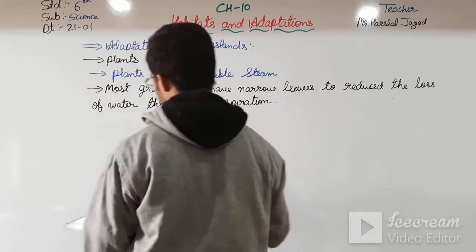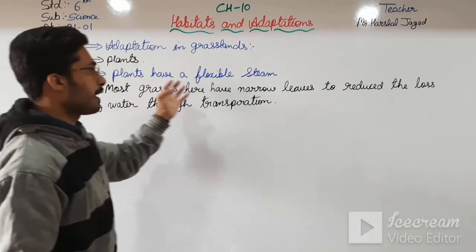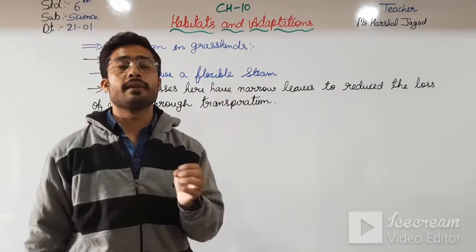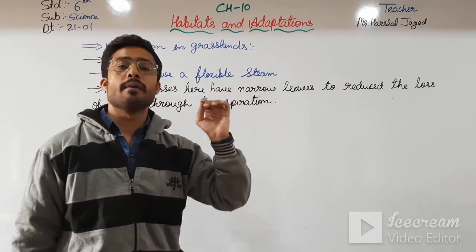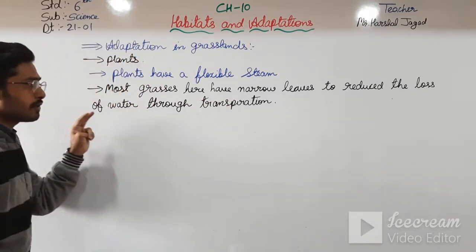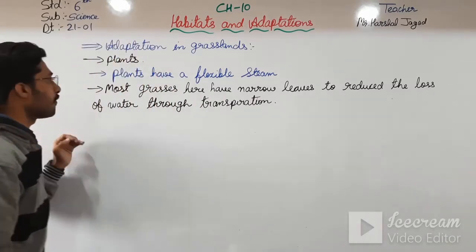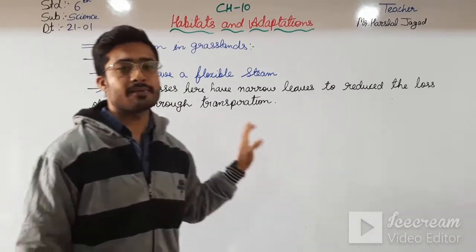Okay, through the transpiration. Here plants have flexible stems, so with the strong wind they will not break, so they are flexible. Second one, that is, most plants here have narrow leaves to reduce the loss of water through the transpiration.